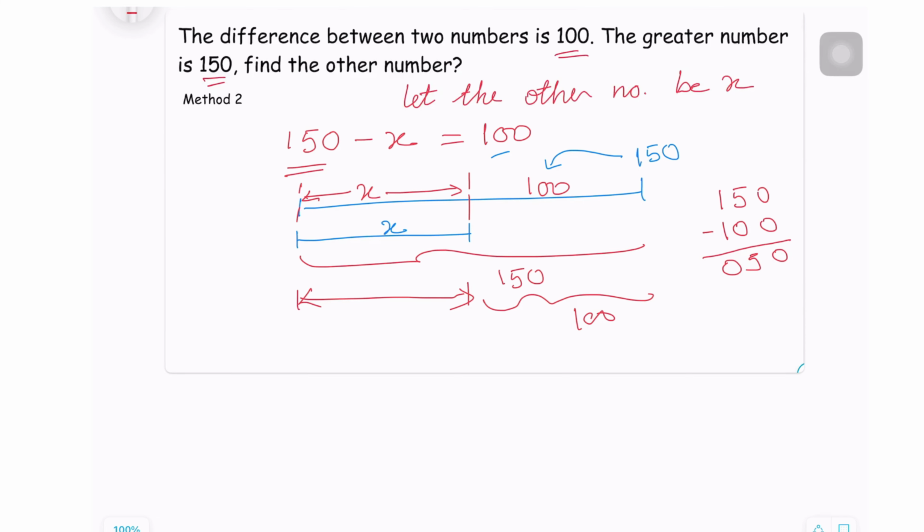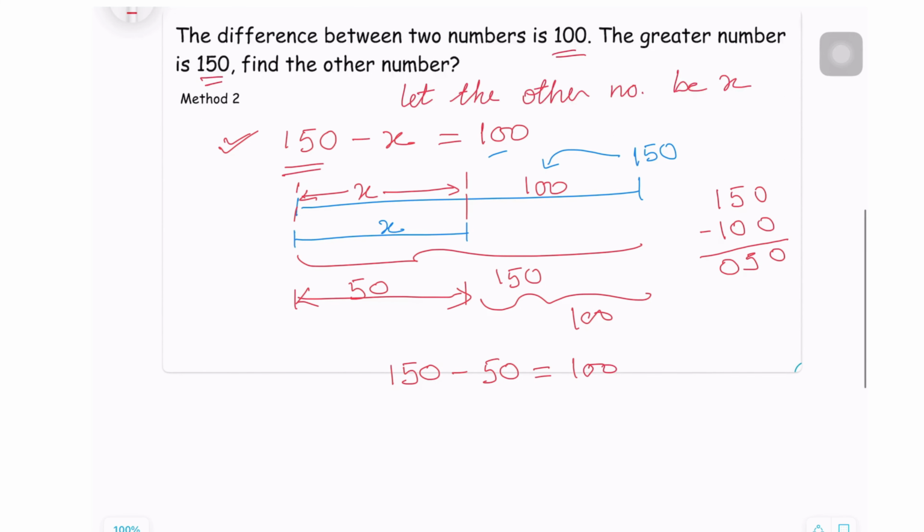So according to our solution, this portion is 50. Let's see if it is correct. Let's put it in the equation. 150 minus 50 is equal to what? 150 minus 50 is 100, and our equation is also saying it's 100, which means our solution is correct. So x is equal to 50.